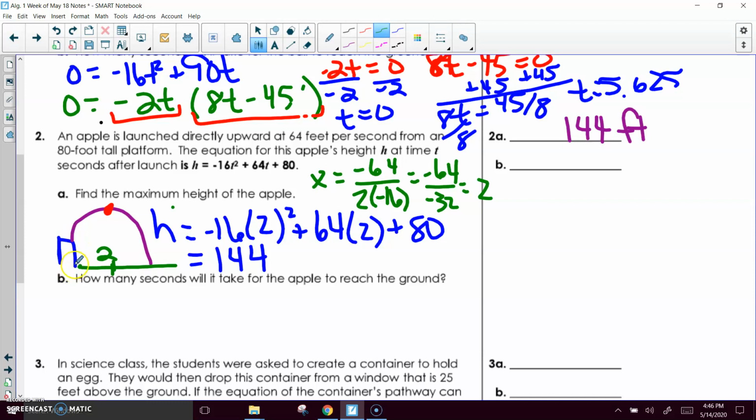Because I don't start at 0, 0, I cannot assume this is 4 seconds, okay? Because technically, my parabola, if I were to continue a line, that is where 0, 0 is. So 2 is not the center of my parabola, so I can't double it to figure out when it's going to reach the ground. So we have to legitimately set our equation equal to 0. We can't just double the 2.